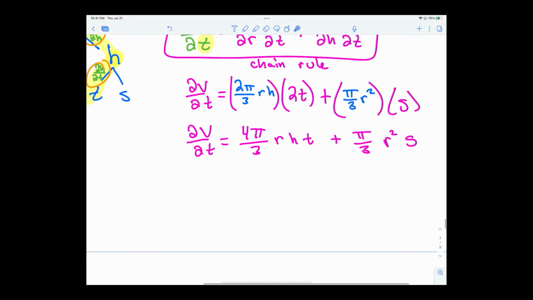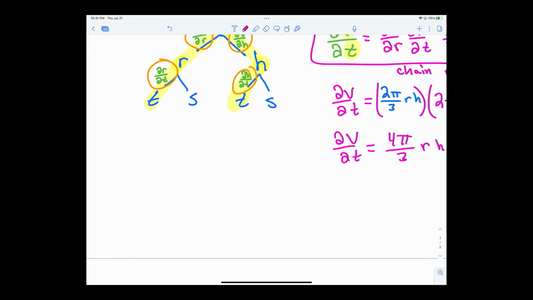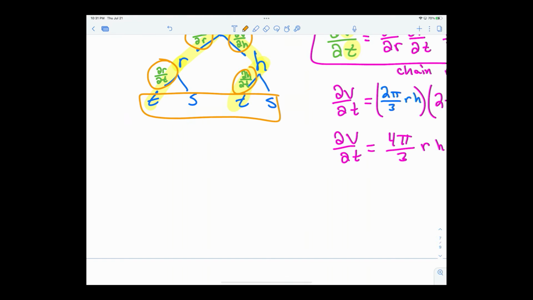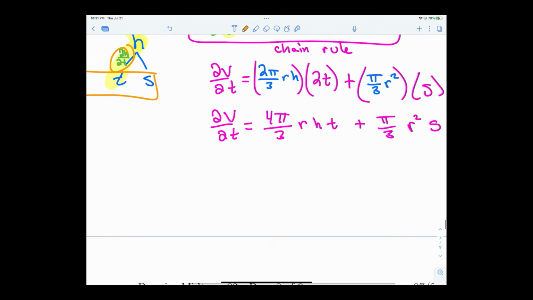We usually don't want that. If your bottom level here is T's and S's, then we should want everything to be T's and S's.